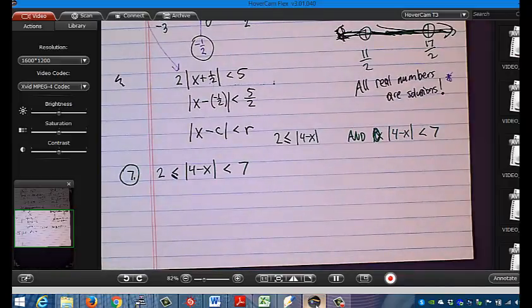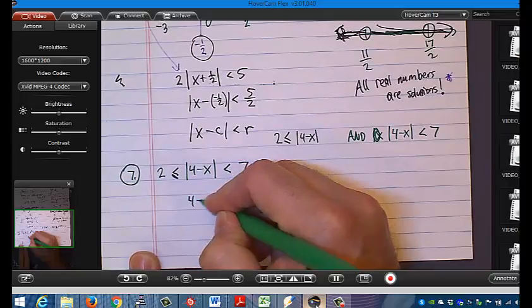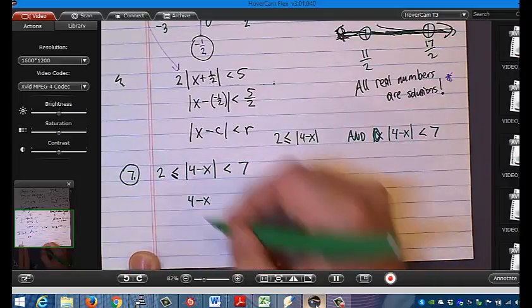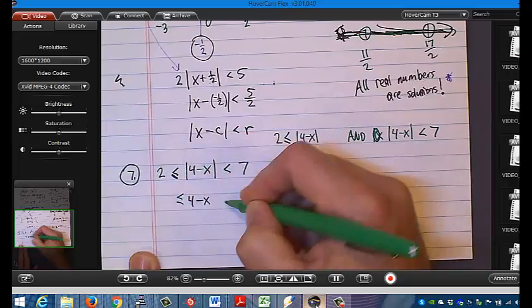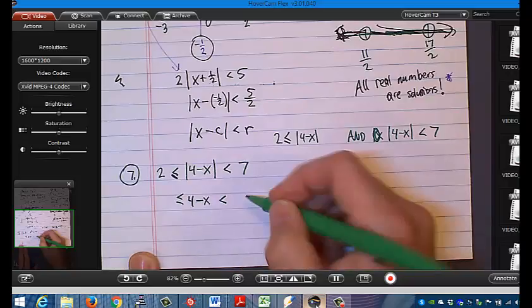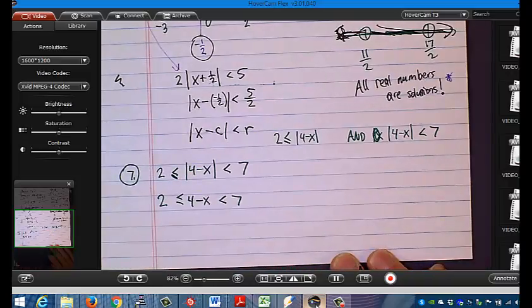Yes, I do. You with me? So that means I can take them away, and when I take them away, I get 4 minus x is between, with a less than or equal to here and a less than here, 7 and 2. Right? So there's one set of solutions.